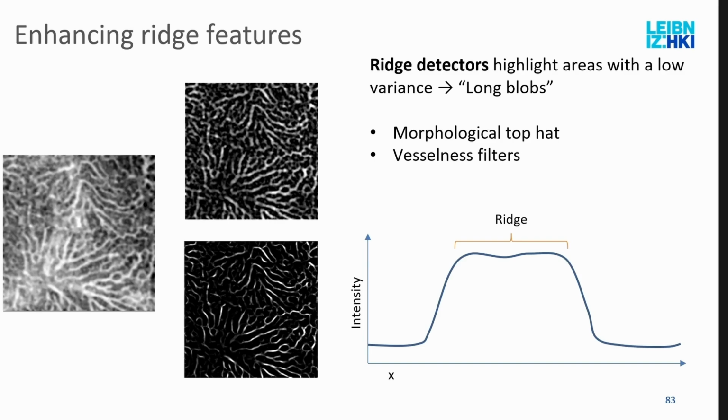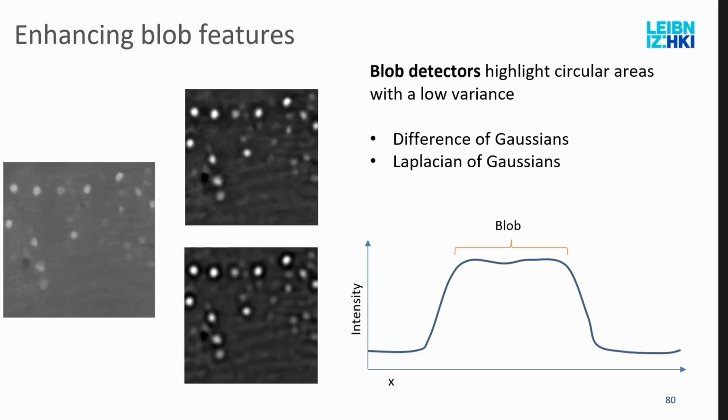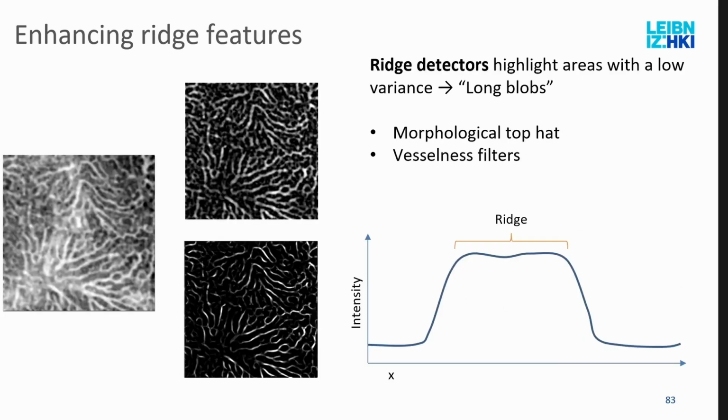They look from the profile view the same as blobs, because blobs are just round, and the ridges are basically if you draw out a blob like in MS Paint. So they look the same from the profile side. This is why you can actually use many ridge detector filters. Some of them at least you can use also to detect blobs.